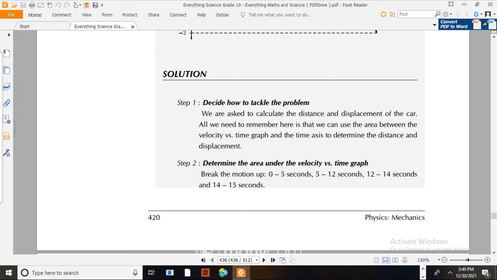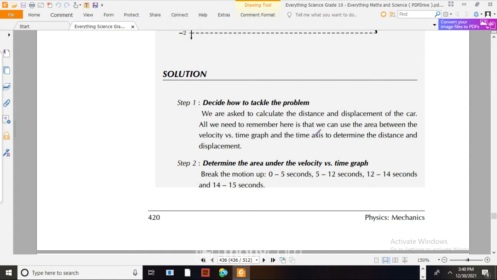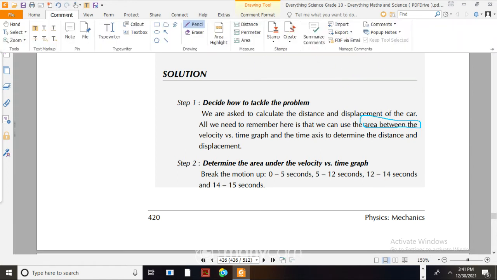All we need to remember here is that we can use the area between the velocity versus time graph and the time axis.